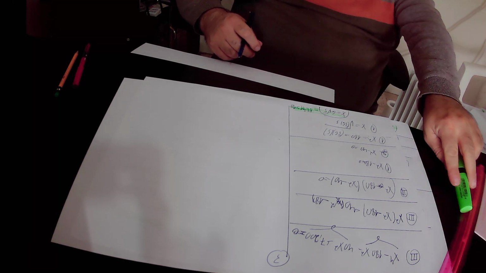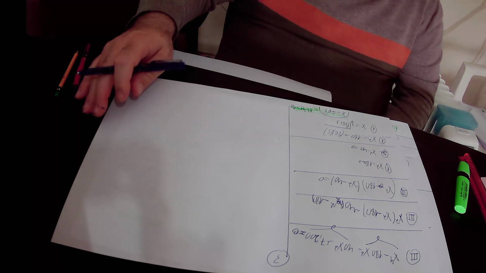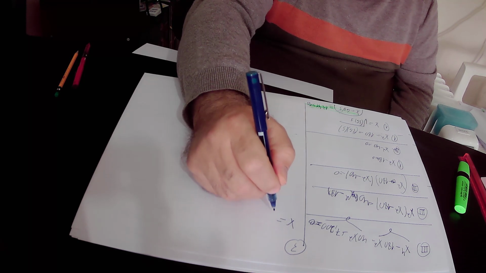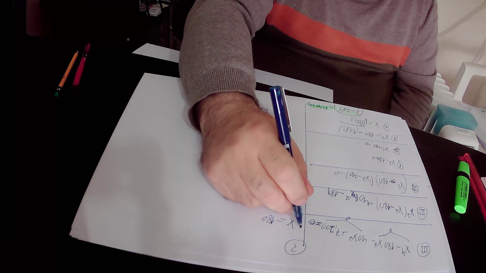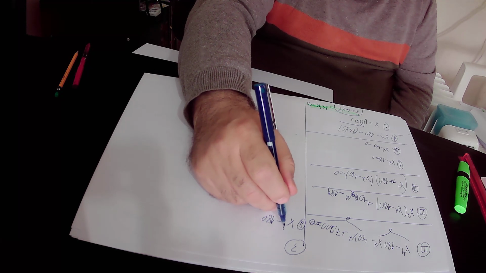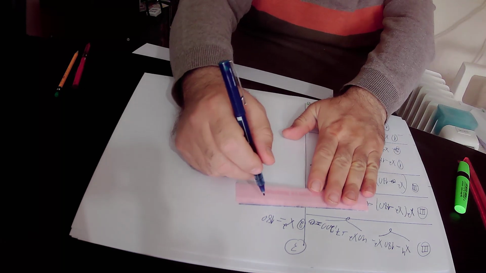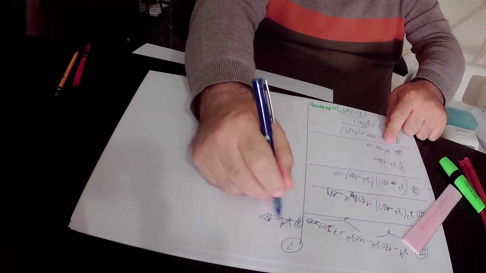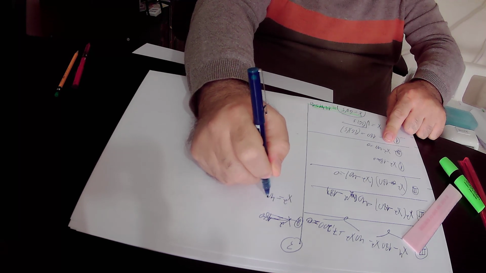Then we also have the second possible solution for x. The second solution is that x squared equals 40.